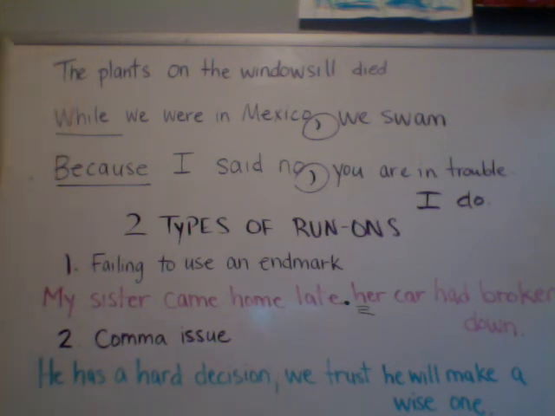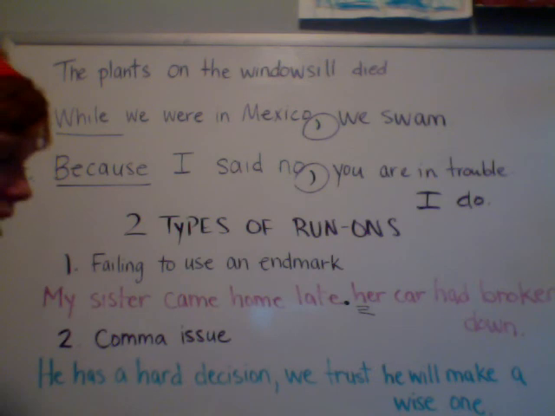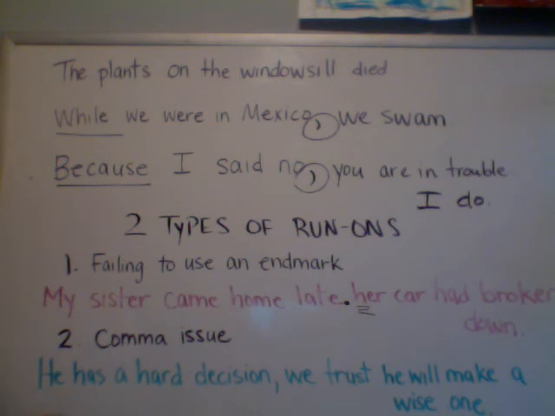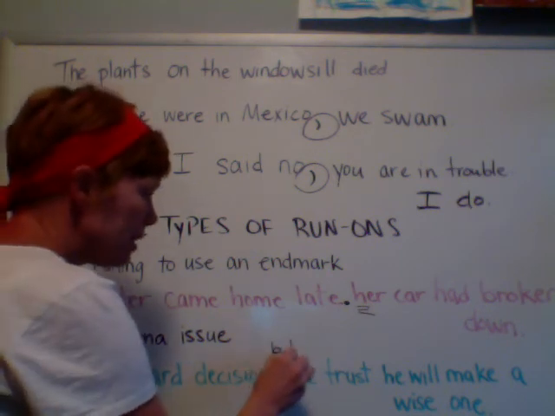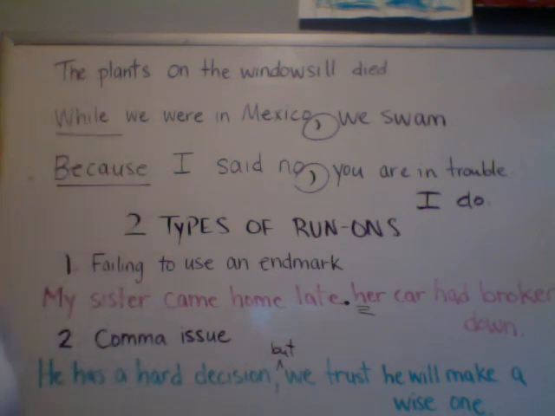We didn't quite get it right because a comma typically, when joining two ideas together, needs a conjunction. Okay? So we could fix this really easily by saying he has a hard decision, but we trust he will make a wise one. Okay?